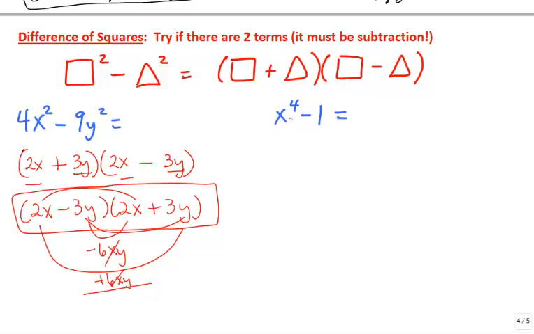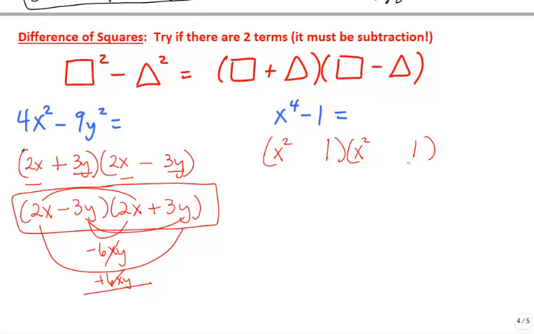So this is an x to the 4th, and that means this can be broken down into something times itself. Because if you do an x squared times an x squared, you will get an x to the 4th back. The square root of x to the 4th is x squared. What times itself gives you 1? Well, that's just 1 and 1.